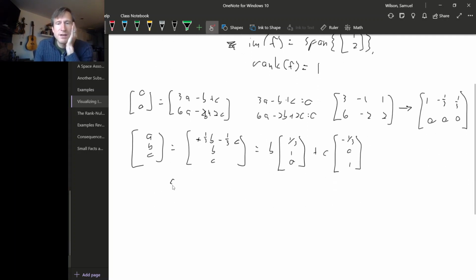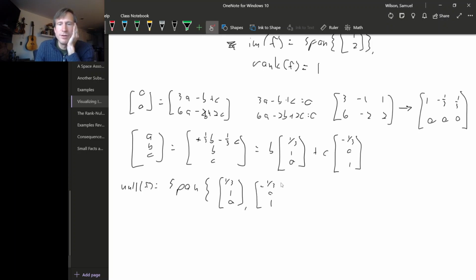So the null space of this map is spanned by these two clearly linearly independent vectors, just because of where the 1s and 0s are: (1/3, 1, 0) and (-1/3, 0, 1). So the nullity of this is 2.